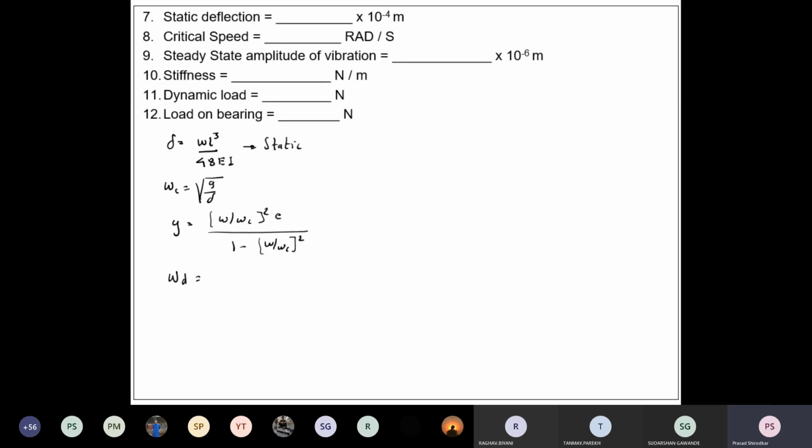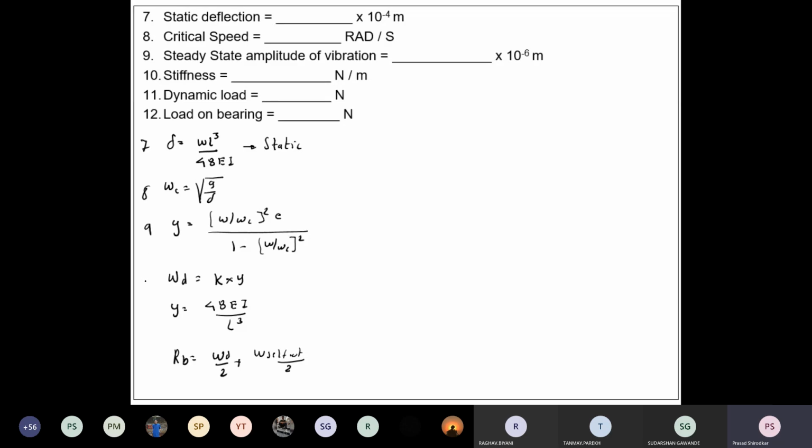Dynamic load is equal to stiffness into deflection, and stiffness is 48 EI divided by L cubed. That will give you W dynamic, and bearing load RB is equal to WD by 2 plus W self weight by 2. So this will give you all of 7, 8, 9.